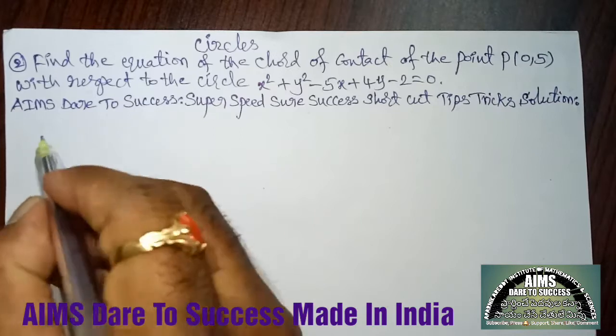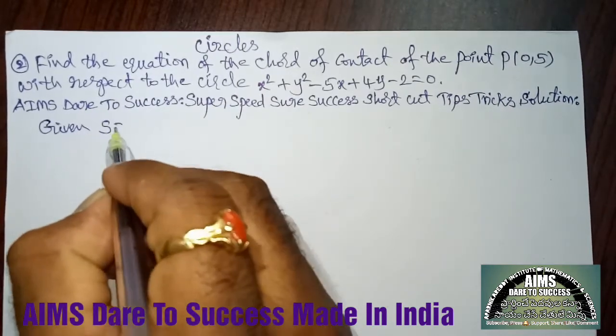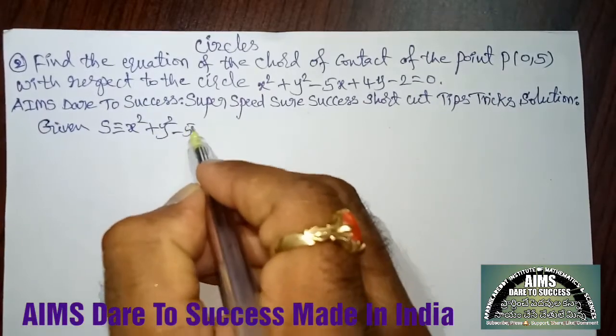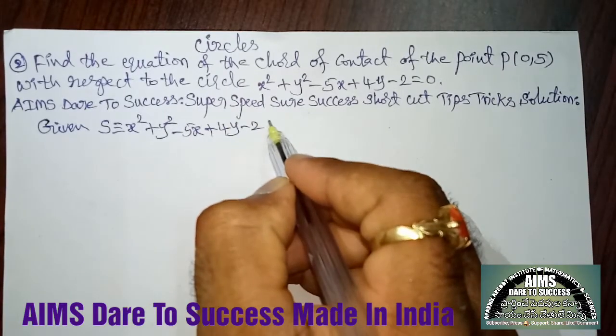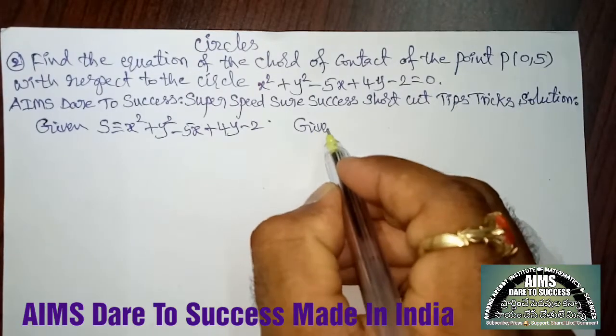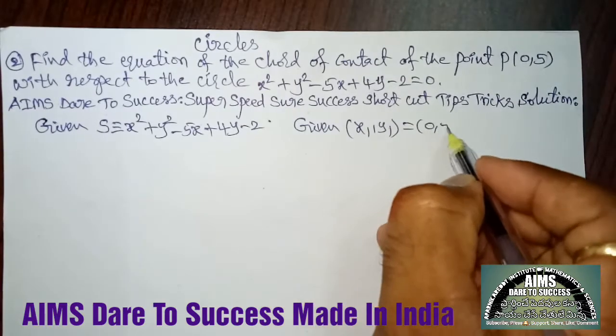Now I want to write the given circle. Let it be written as S is equal to x square plus y square minus 5x plus 4y minus 2, and the given point x1 comma y1 is 0 comma 5.